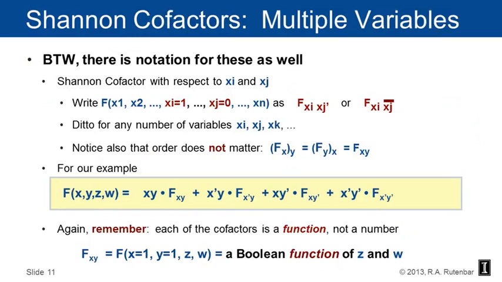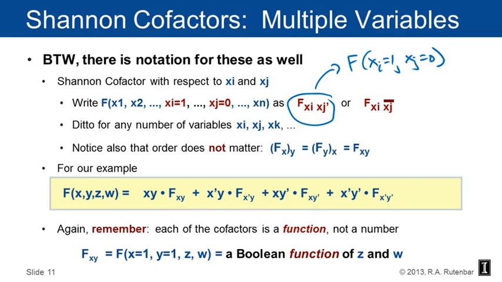These things also have some notation. They're also called cofactors. It's not so easy to call them positive or negative cofactors anymore, but we write them the same way. We write them as, for example, if xi is 1 and xj is 0, xi, xj bar, however you like to write it, or, as I did on the previous slide, a little sloppy but very easy to write, xi equals 1, xj equals 0.